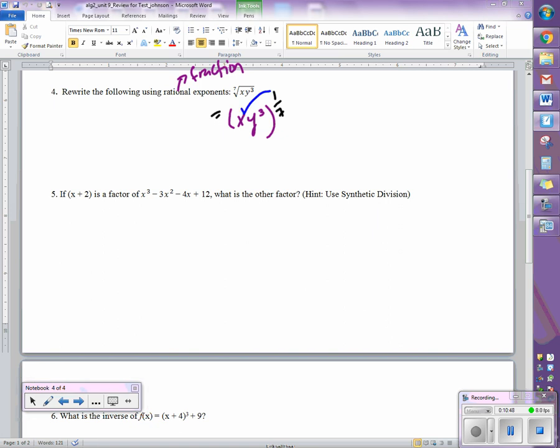Distribute it to x and to y cubed. So that means take each power that's already in the parentheses and multiply it by the power of 1 over 7. So x would be to the power of 1/7 now, and y would be to the power of 3/7 when you multiply the powers.